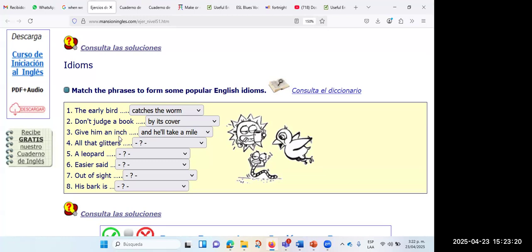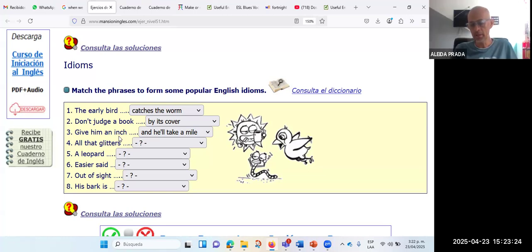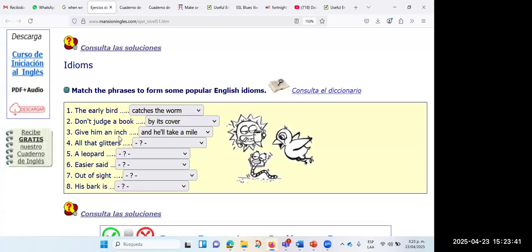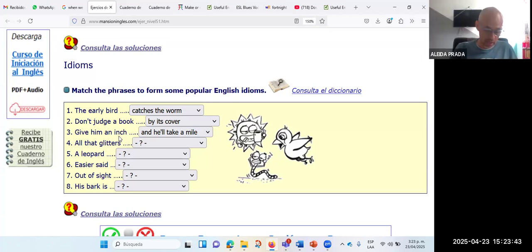For example, when they say the height of a person, they don't say 1 meter and 75 centimeters. They say 6 inches, for example. It is useful for all of that.